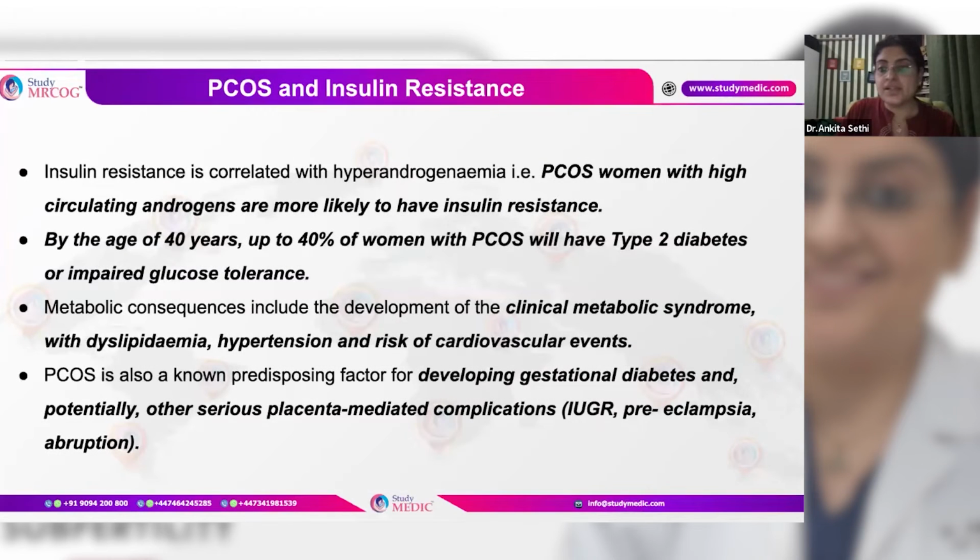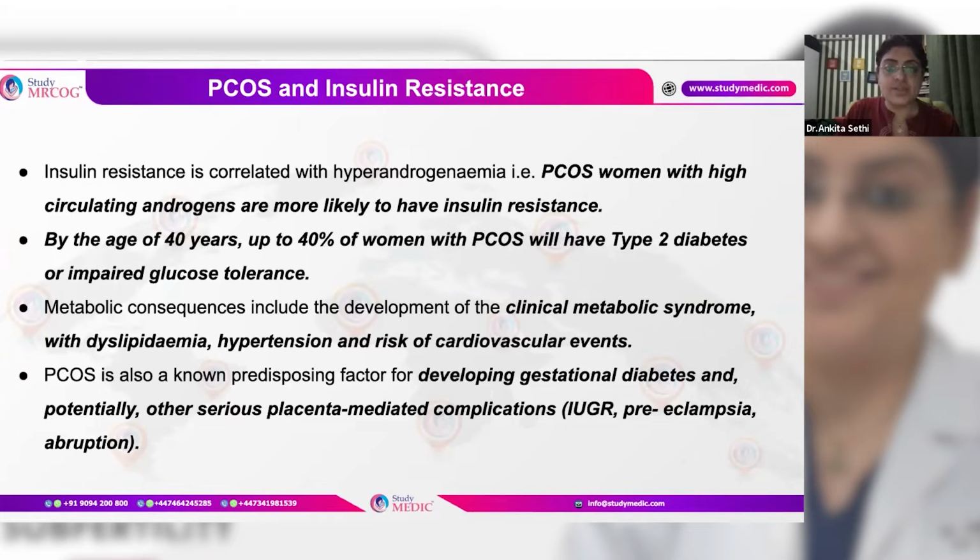So PCOS and insulin resistance. Insulin resistance is correlated with hyperandrogenemia, that is PCOS women with high circulating androgens are more likely to have insulin resistance. By the age of 40 years, up to 40% of the women with PCOS will have type 2 diabetes mellitus or impaired glucose tolerance.